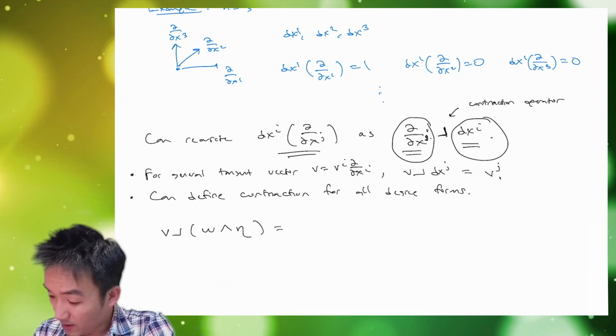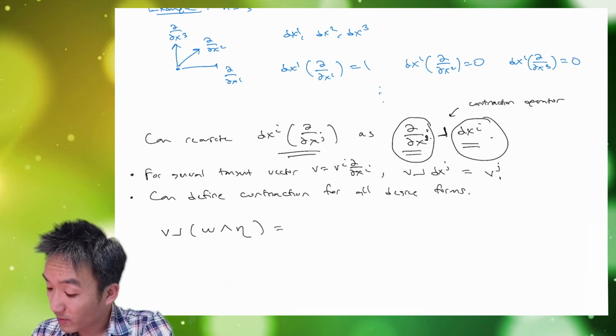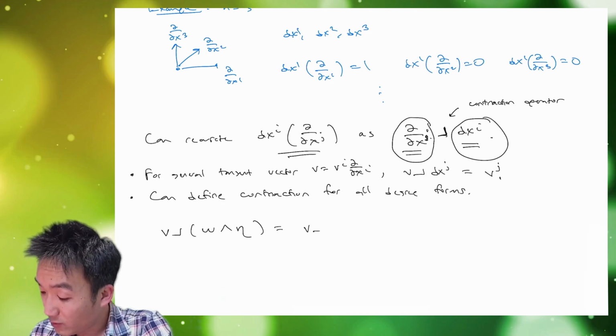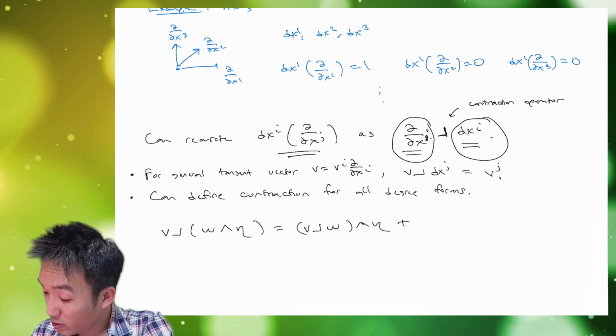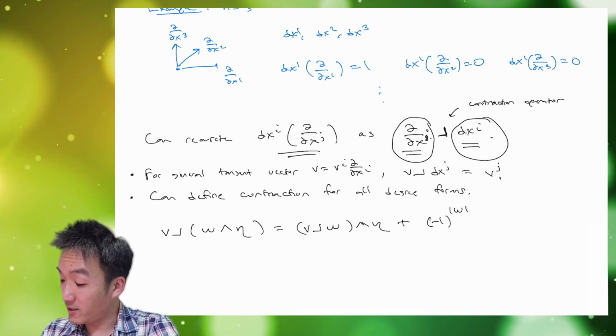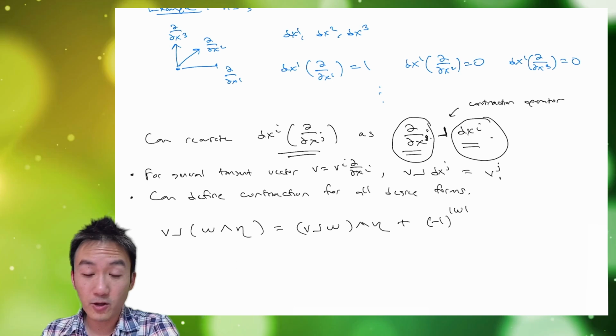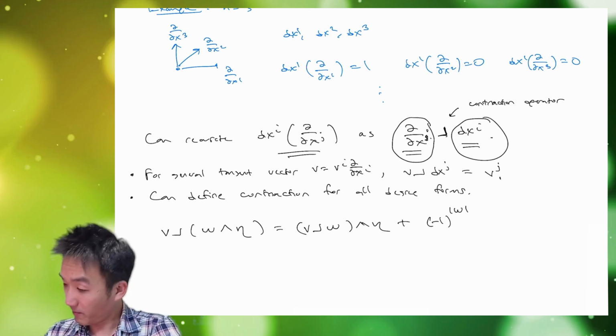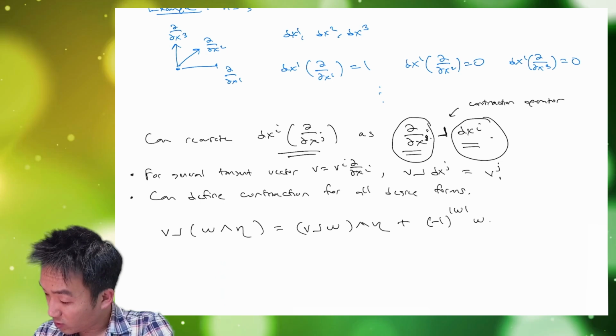So v contract with the form on the left is v contract omega, wedge eta, plus another term which picks up a sign, which is minus 1 to the degree of omega. So this is going to be plus if omega is even degree and, sorry, minus 1 if omega has odd degree. And then it's omega wedge v contract with theta.